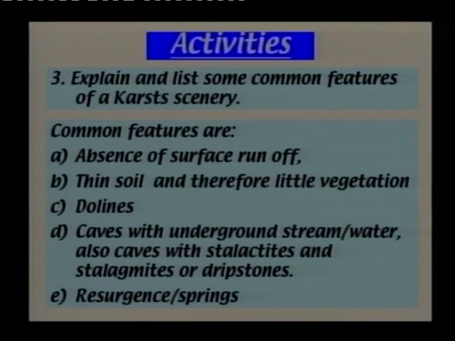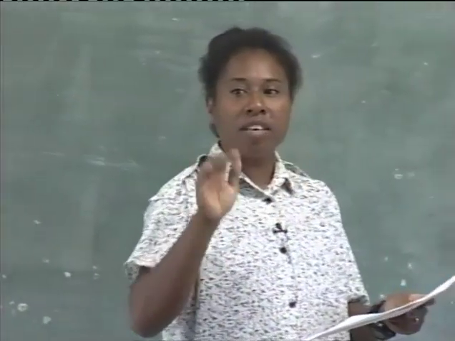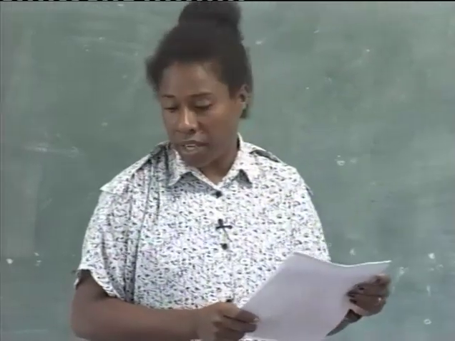Why is there absence of surface runoff in such a region or area? Because most of the water is dissolved underground. Very good. We don't have the water on the surface. Most of the water is dissolved through the process of chemical weathering.